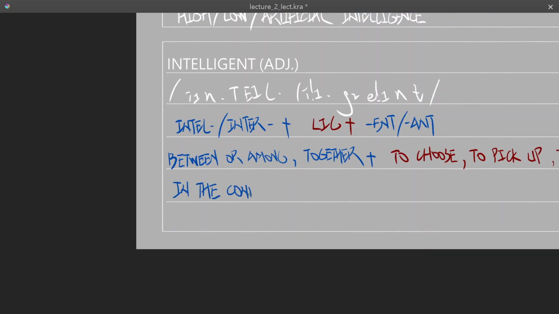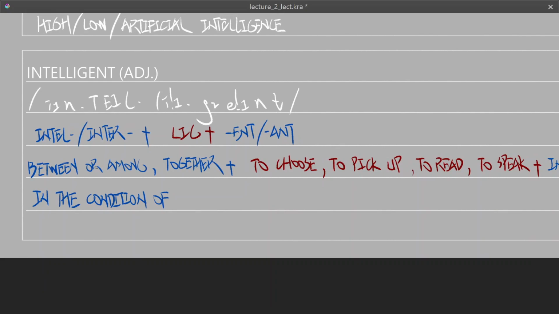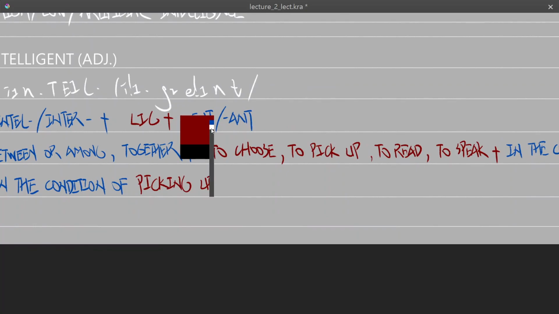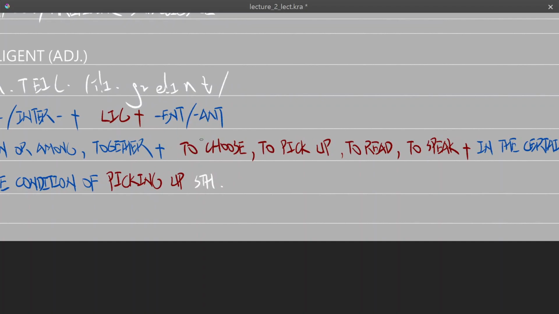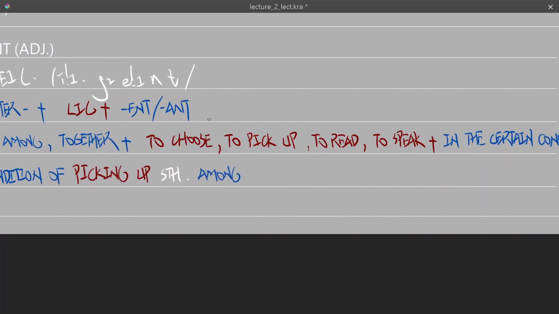In a condition of picking up something among things.